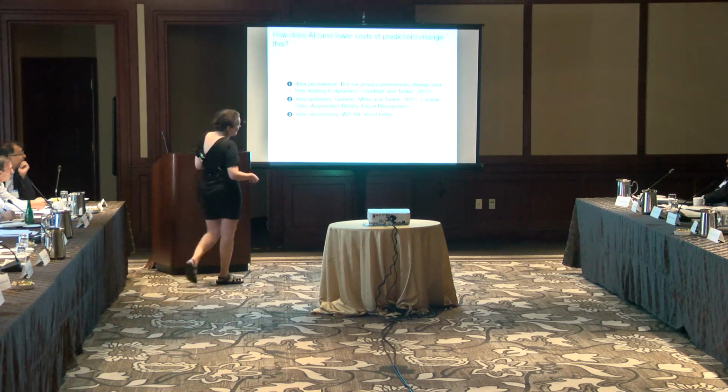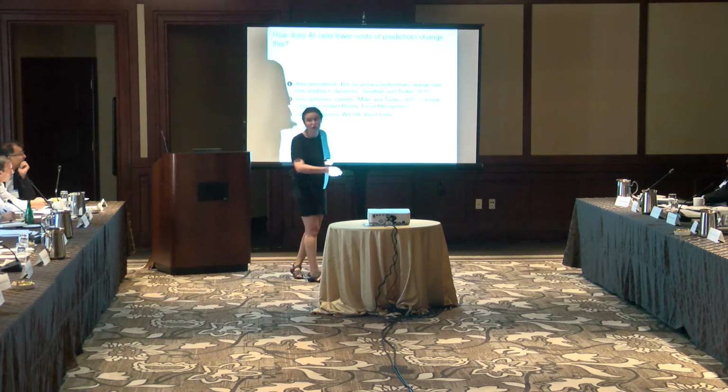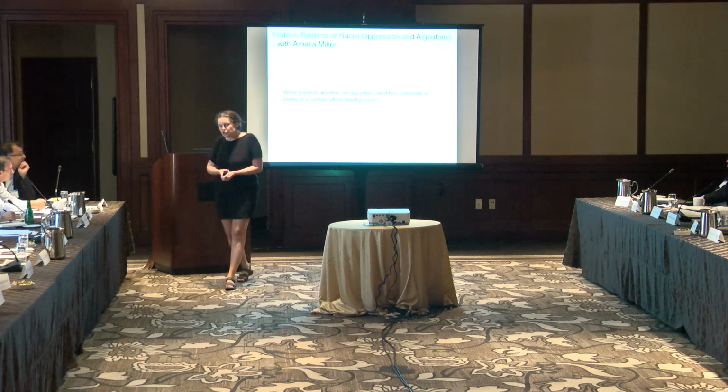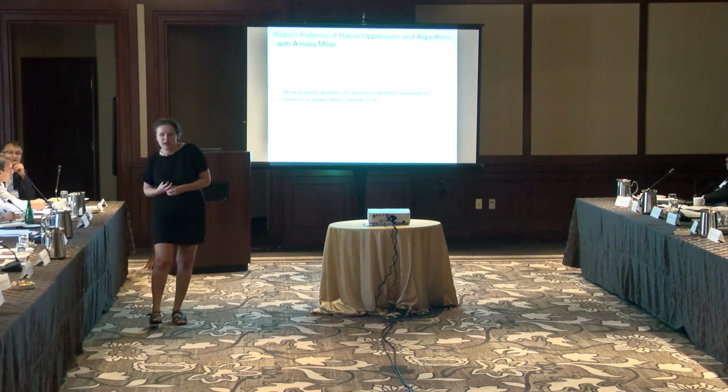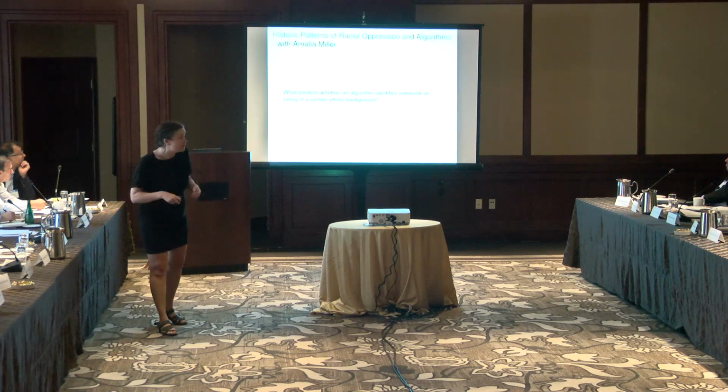Now, the last point about data repurposing, because that's a very big topic, I would just use a small example, which is coming from some very new work that I'm doing with Amalia Miller.